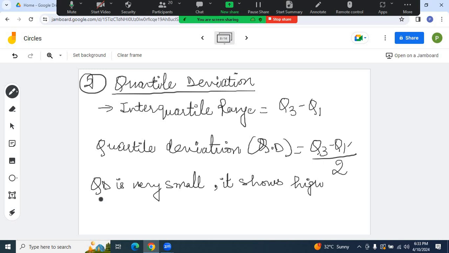I just discussed this in the previous slide. When quartile deviation is very small, it shows high uniformity, more consistency. It's good, and vice versa.